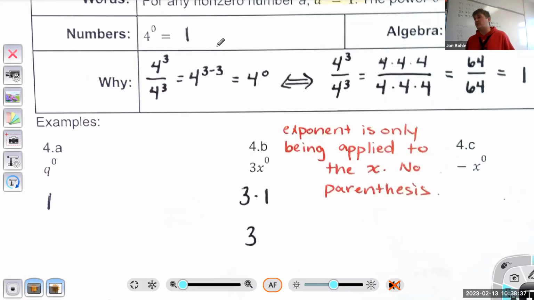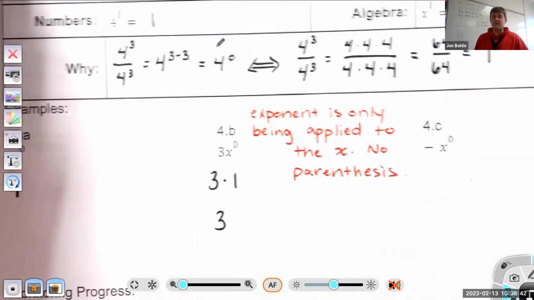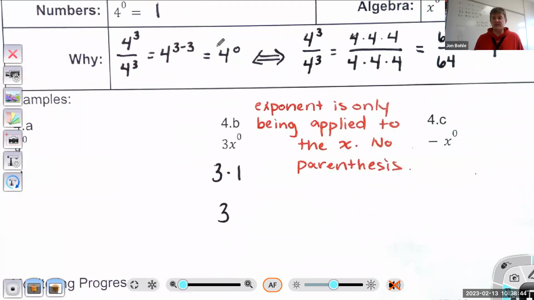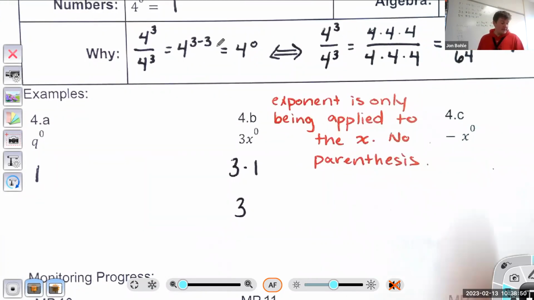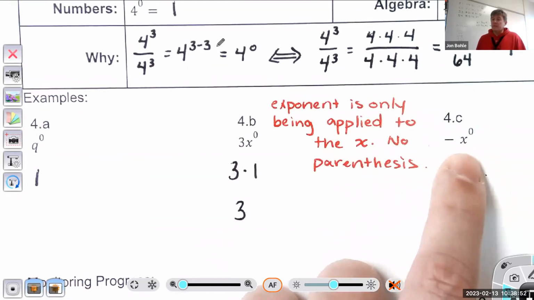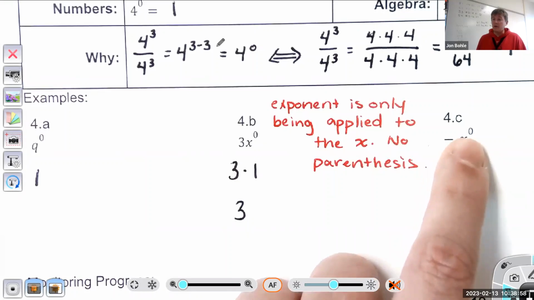But there are some certain ones that you want to be careful about, so pay attention to your order of operations. First thing in order of operations is exponent. Okay, same thing here. I would read this out loud as the opposite of x to the 0 power.